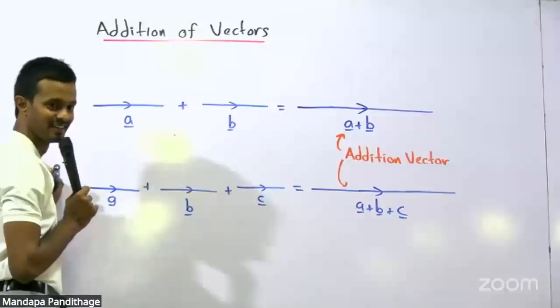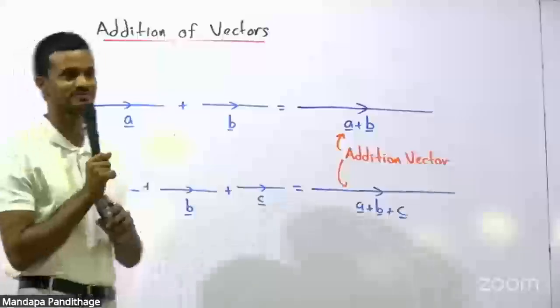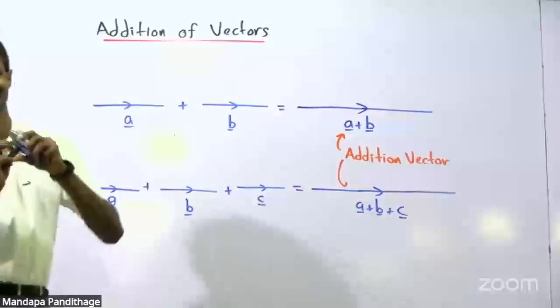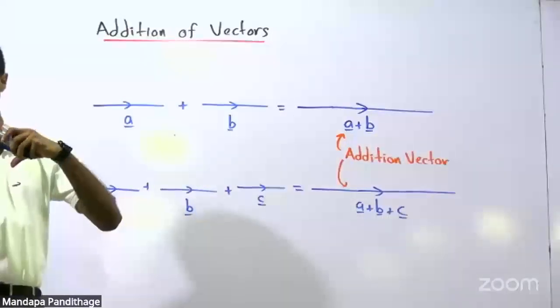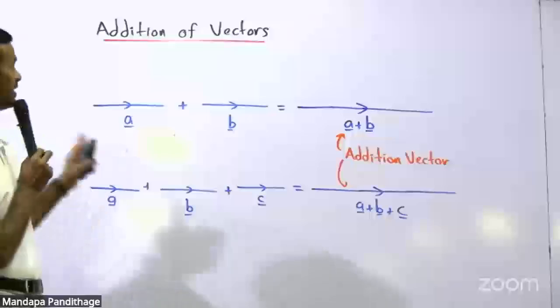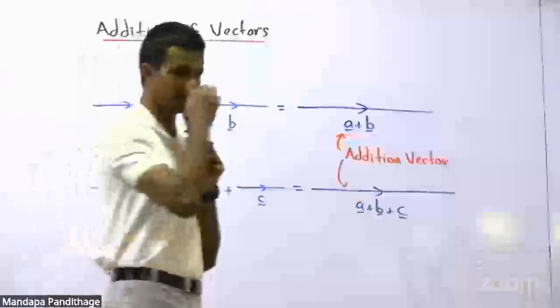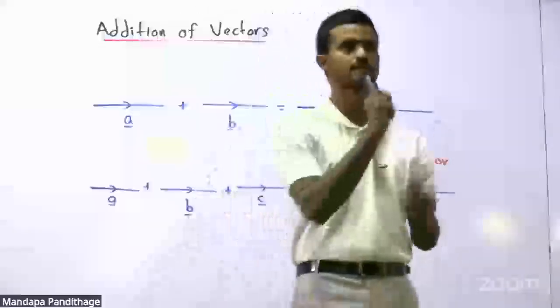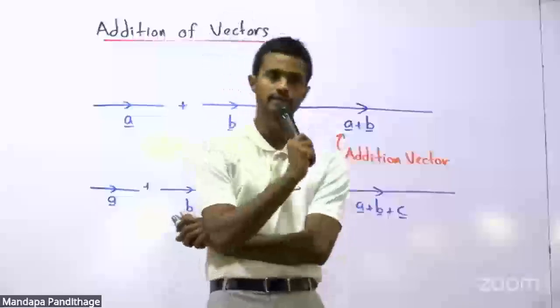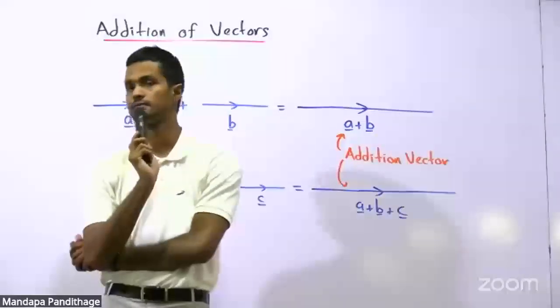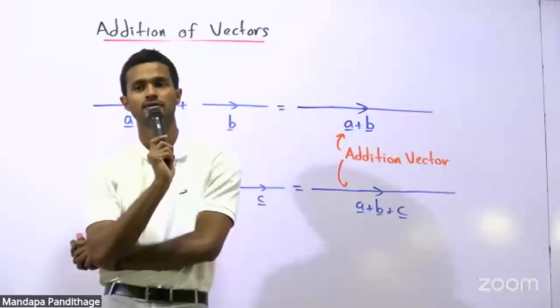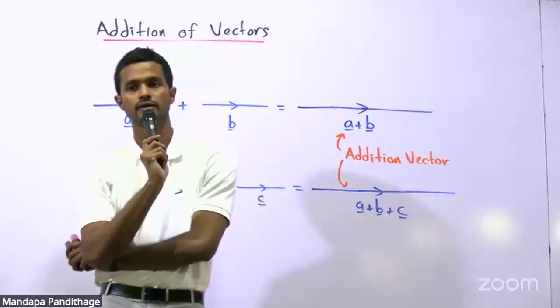Then write number 2. When the direction of the vectors are not equal.